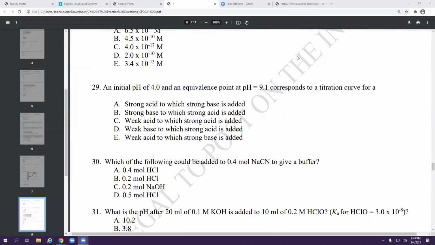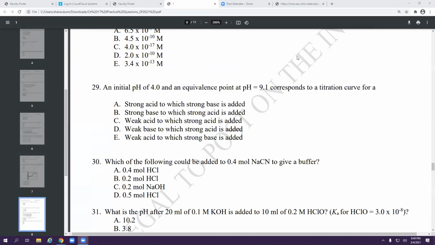29. So, had initial pH of 4. Is that strong or weak? In the middle, right? Okay. The equivalence point was 9.